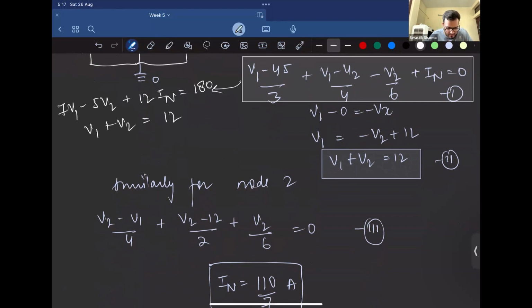So your first equation is correct, definitely. I need your third equation. Or if you're doing it on your own, let me know.